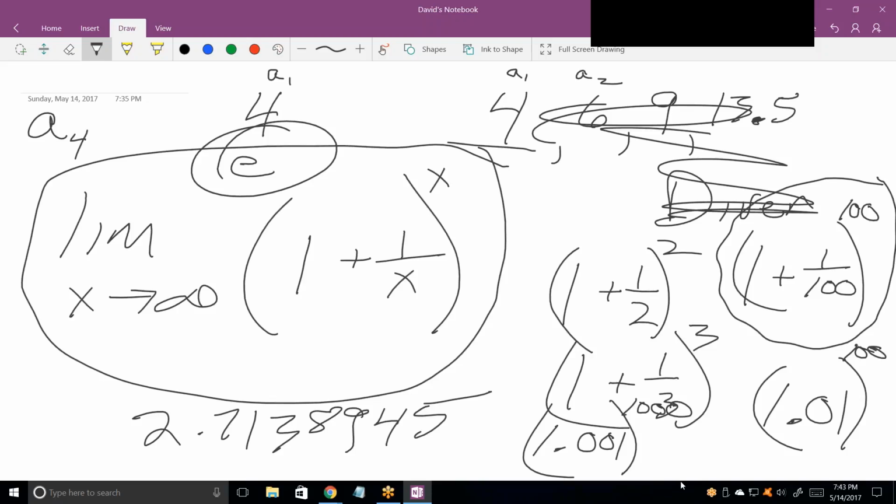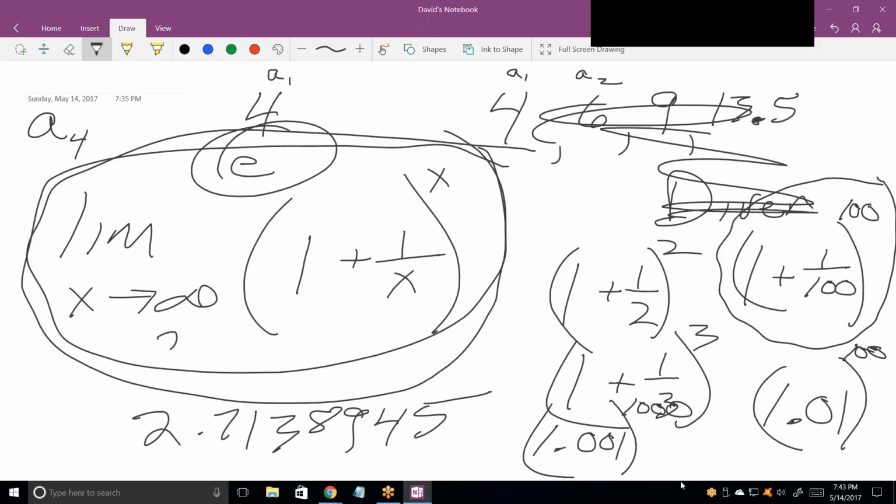But this is the definition of E. And you can see that it does approach a certain number. It's approaching E, 2.71. Oh, I see. Okay? So it doesn't keep getting bigger. And in fact, if I called this a series, it would diverge. This would be a divergent series, because all I'm doing is adding numbers that are getting closer and closer to this.